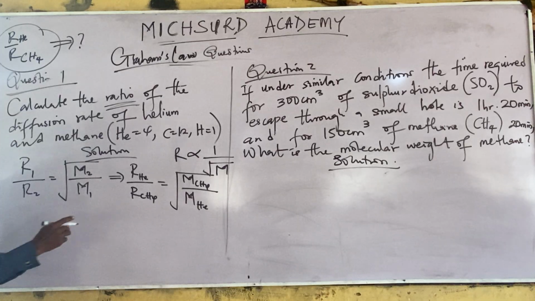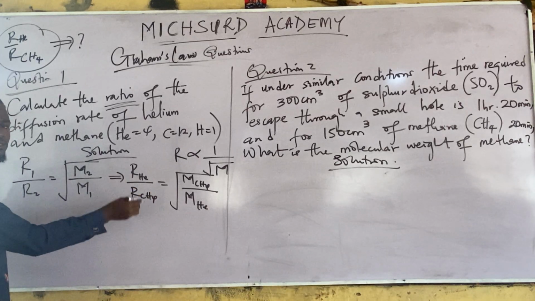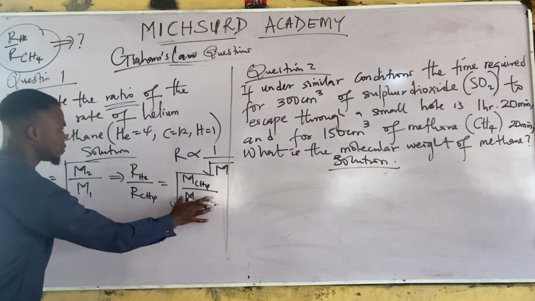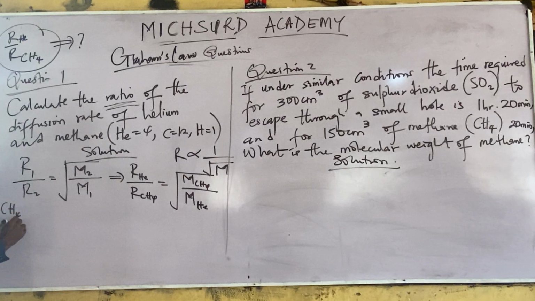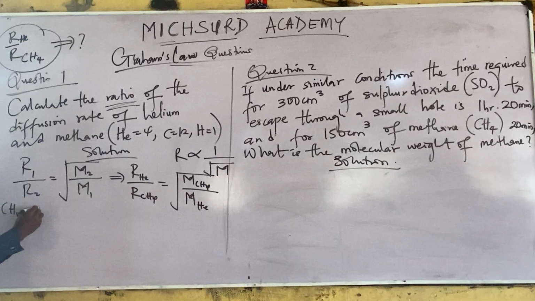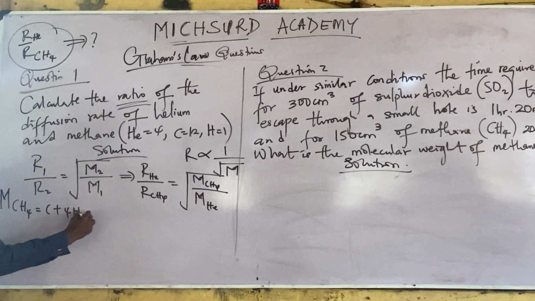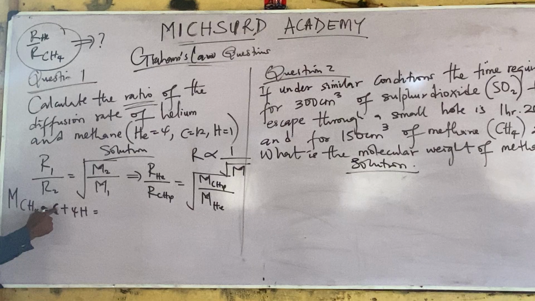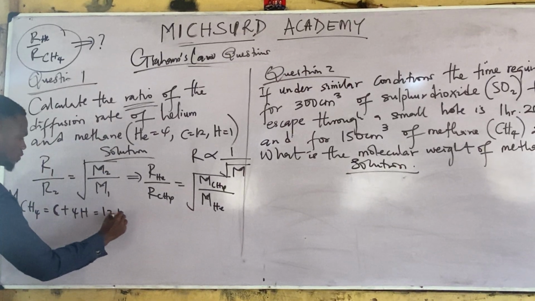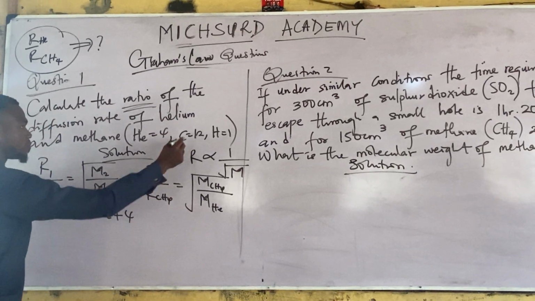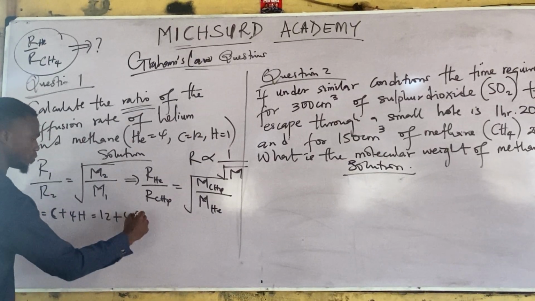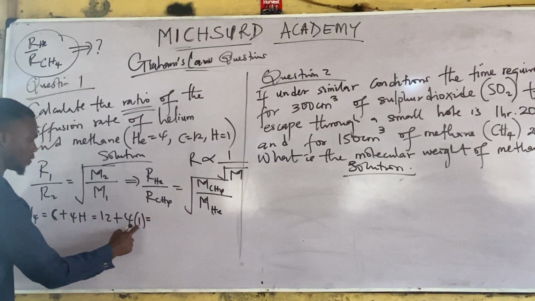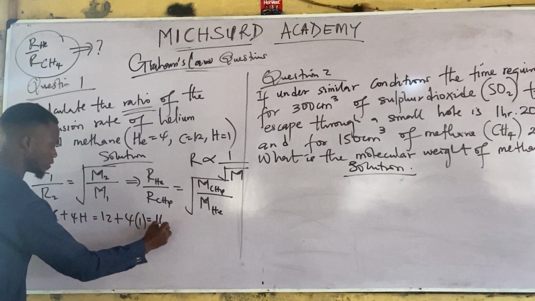So this is how we solve it. Remember, the ratio is what we are looking for, so we need to know these values. Methane is CH4, so its molecular mass is C plus 4 times hydrogen. Carbon is 12 and hydrogen is 1, so 4 plus 12 gives us 16.